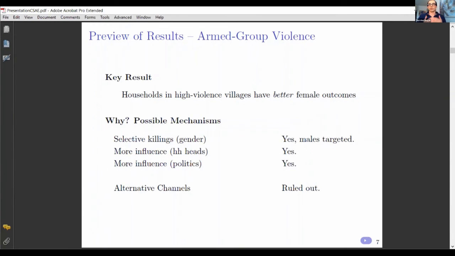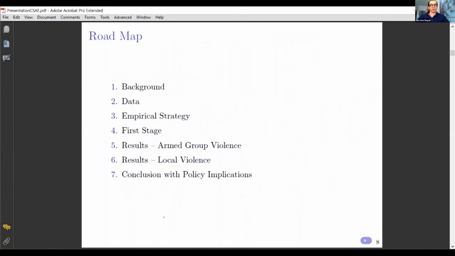And the mechanism that we're going to stress is the following. The militia targeted predominantly, I'll tell you in a second why, adult males, okay? That opened up a power vacuum that women filled, as household heads or politicians, and that enabled female empowerment. And I'm going to rule out a bunch of other stuff. Okay, so this is what we're going to do.